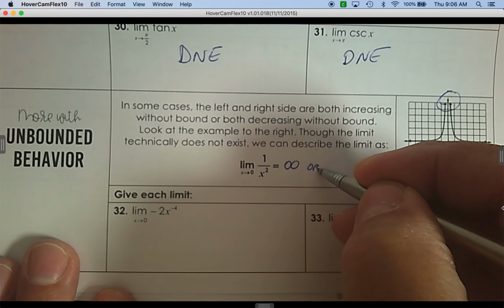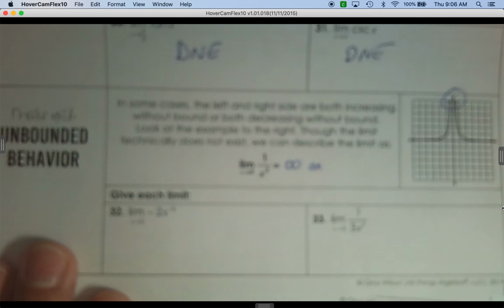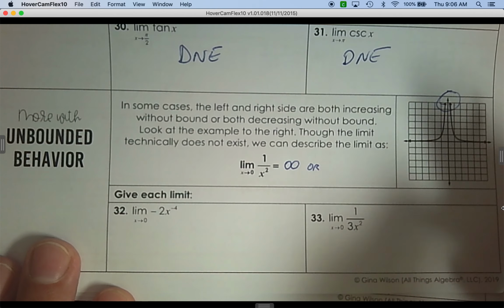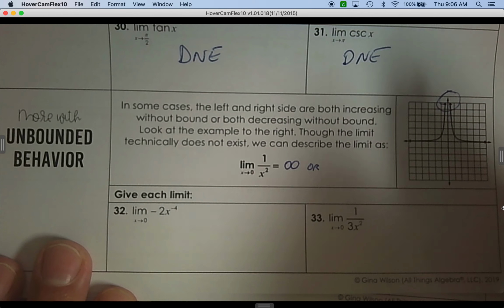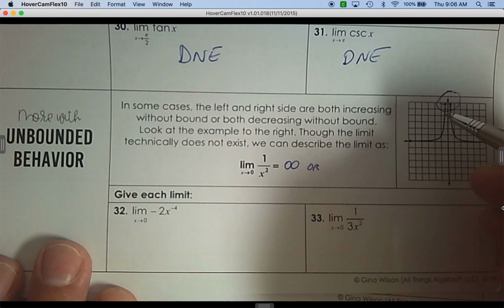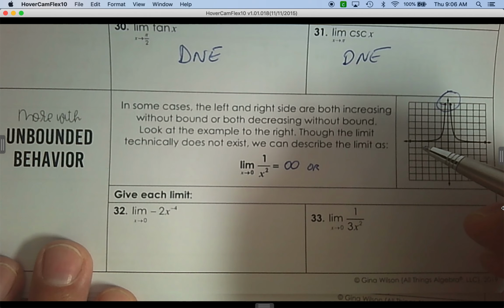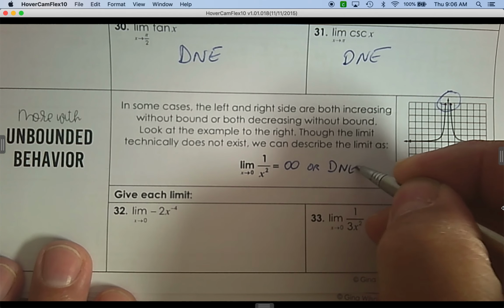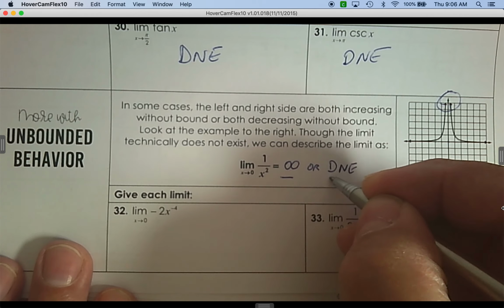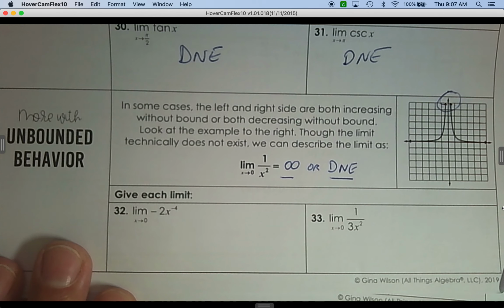Or another mathematician's going to say this, that can you ever approach infinity? The concept of a limit is, what's the y value that you are approaching? So can you approach infinity? And so conceptually you can't. And so both are accepted as correct answers. And on an AP exam, both are accepted as correct answers.